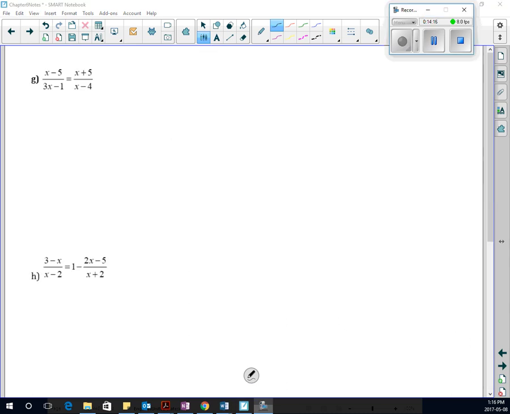All right, let's continue. What's my LCD here? My LCD would be 3x minus 1 times x minus 4. Just so you know, if you have a fraction equal to a fraction, you can actually do a cross multiply. So I'm going to show this method 2 different ways.